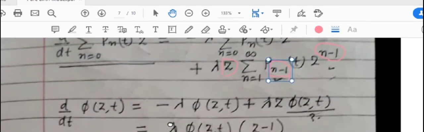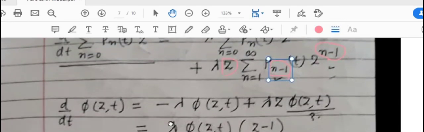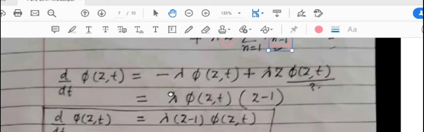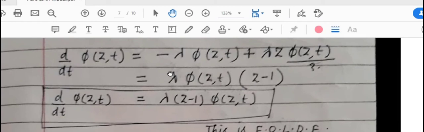Now we simplify it. By the definition of the generating function, we simply substituted this value in place of the sum over n ranging from 0 to infinity of p_n(t) z to the power n.